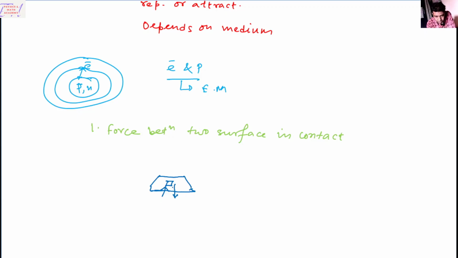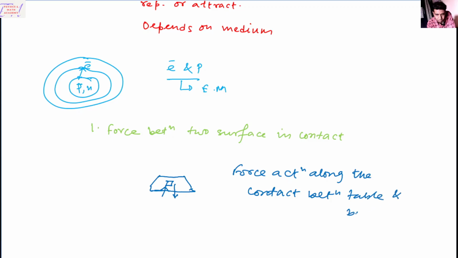So the force acting along the contact between the table and book is electromagnetic force.